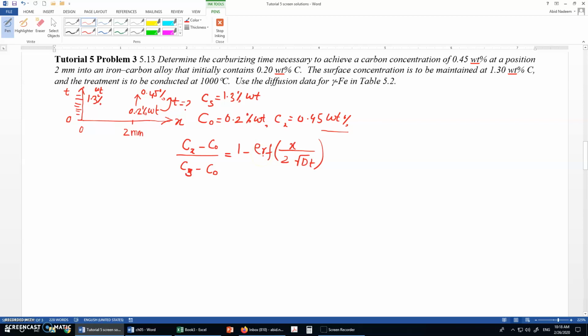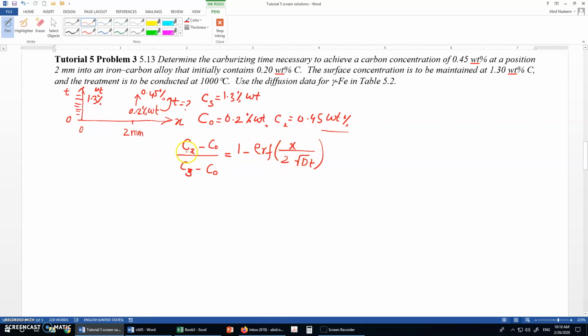This is a mathematically integral function. The exact solution of that function is quite complicated, so we have the erf error function table, from which its approximate value can be found.